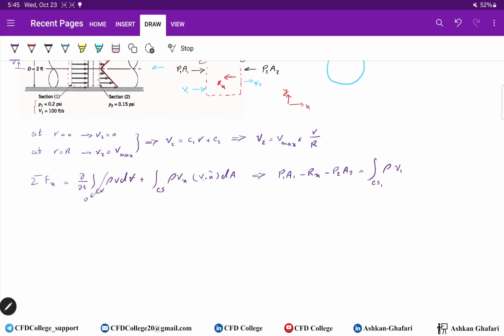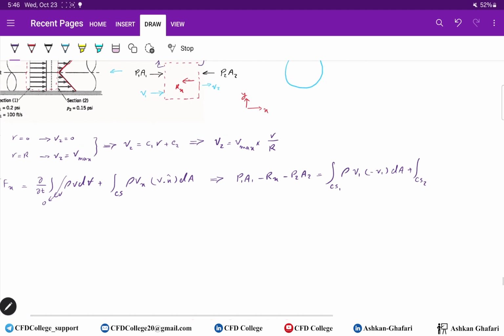V dot n equals minus V1 because we have inflow, dA, plus over control surface 2 rho V2. V2 is parallel to x, but it's not constant. It's Vmax r over R.